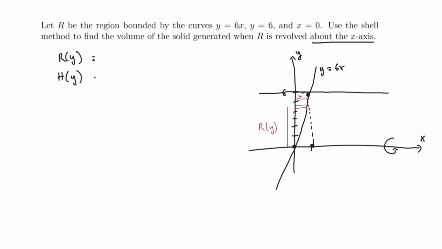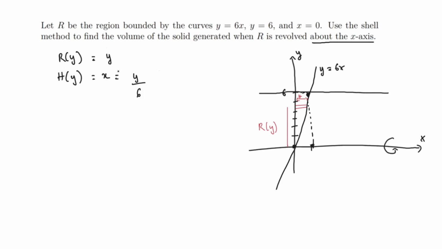What is the height of the rectangle? The height of the rectangle is x. But what is x equal to? x is equal to y over 6. And the radius is y.